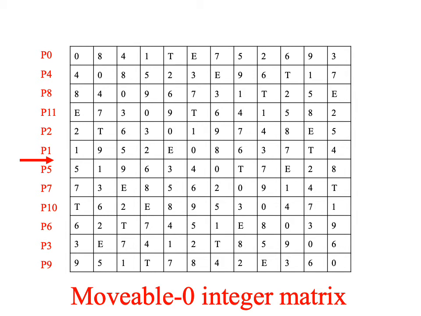The way we do not order rows is just by going in order 1, 2, 3, 4, 5, 6, 7 through 12. Instead, we order rows based on which pitch they are organized around and what number that pitch is. So what you're looking at right now is the movable 0 integer matrix.